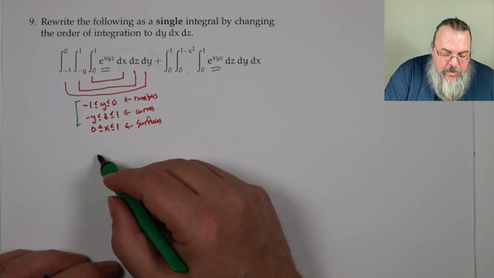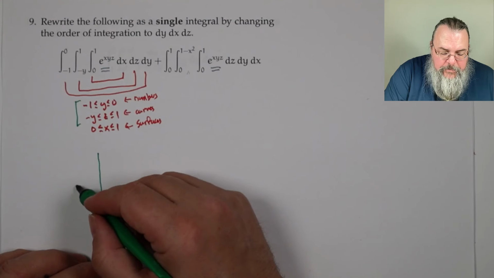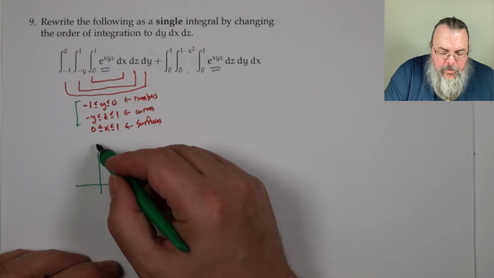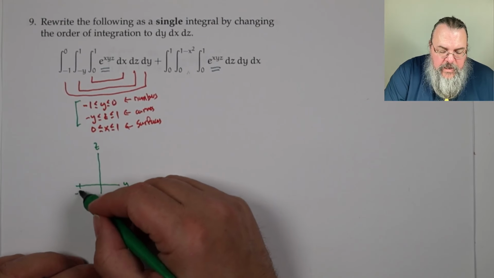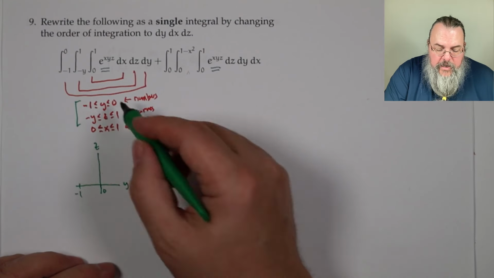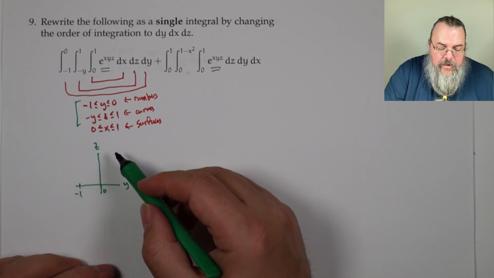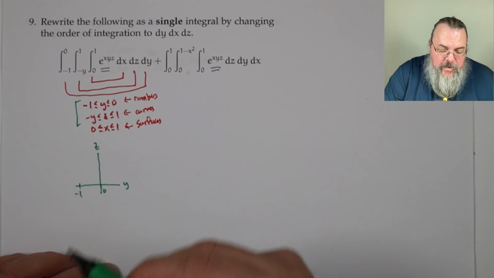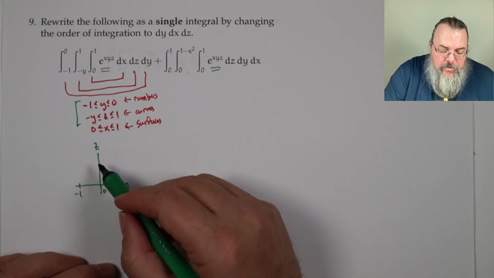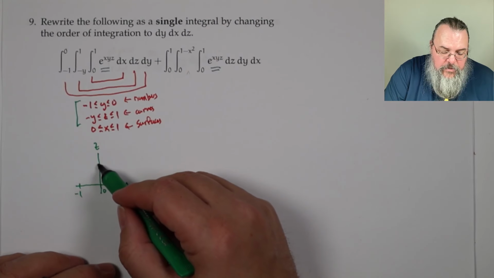We can draw it in the YZ plane. So here we have the YZ plane. We're told that we go from -1 to 0 for y, and then we get z is less than or equal to 1. Okay, so z equals 1 is up here.